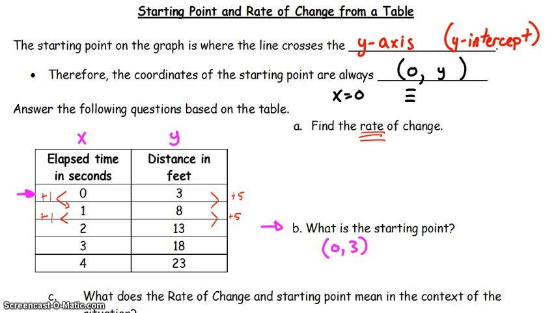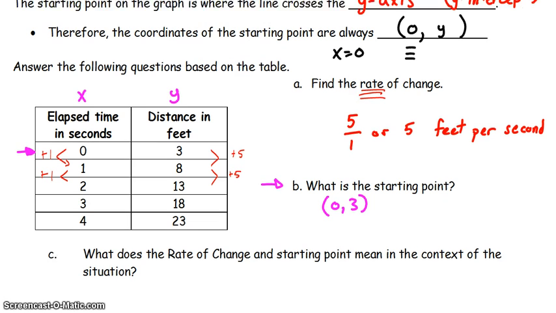Your rate of change in this case is 5/1, or just 5. And then we have labels, so we must include that as part of my answer. The 5 represents feet, so it's feet per, 1 represents seconds, feet per second.